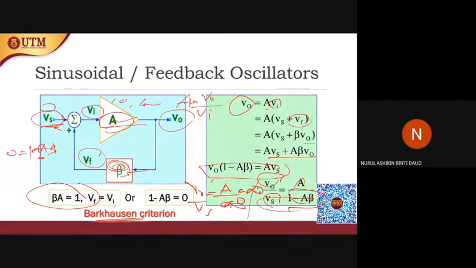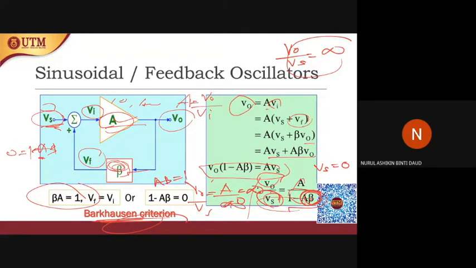To reach this Barkhausen criterion, the ratio between output and source is infinity. So when the output and source ratio is infinity, it means that the oscillator is near the Barkhausen criterion. To get this, Vs should be equal to 0, or the AB value should be equal to 1.